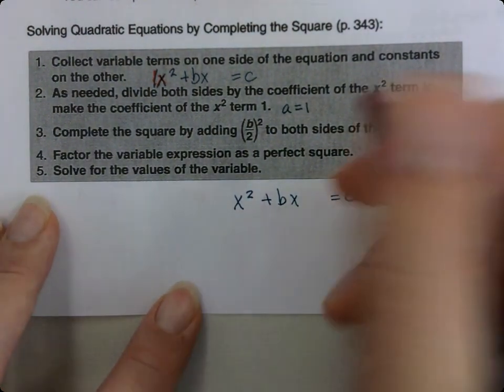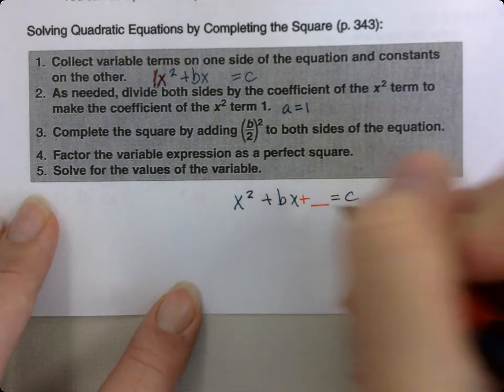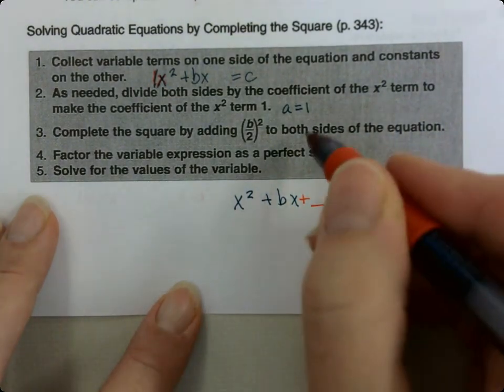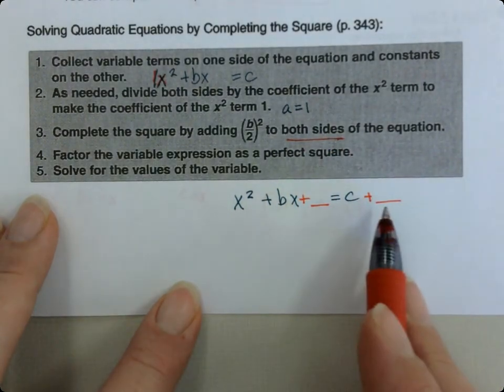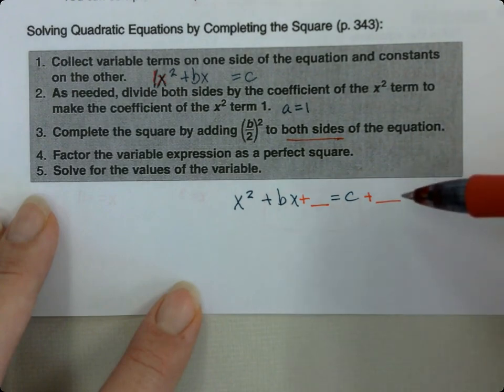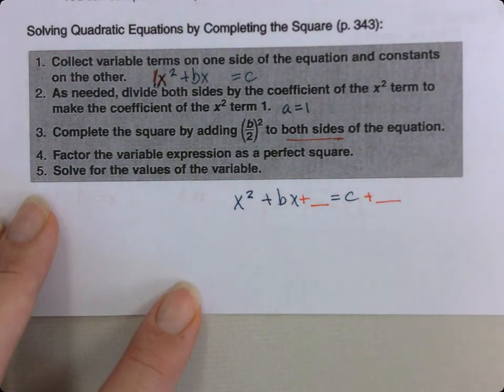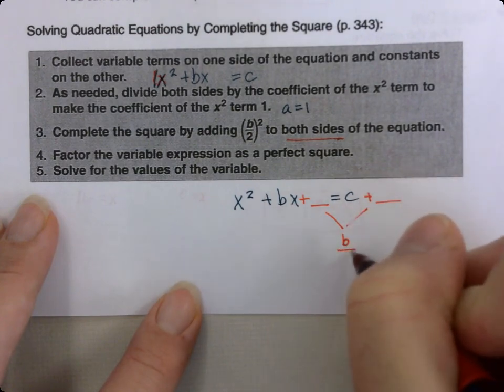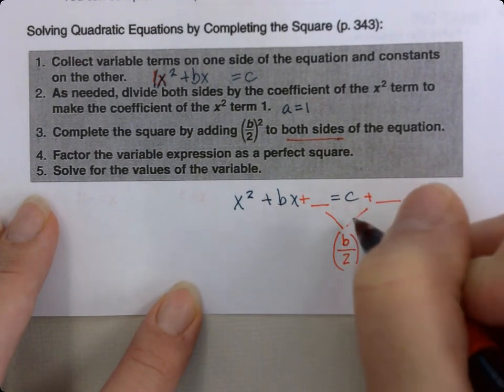Then when we go to complete the square, I like to put a little plus something here, and whatever I do to one side, I have to add to both sides of the equation. So having that little line there helps me remember to put it on both sides. A lot of people forget to balance it. All right, what number is being put there? B over 2 squared.